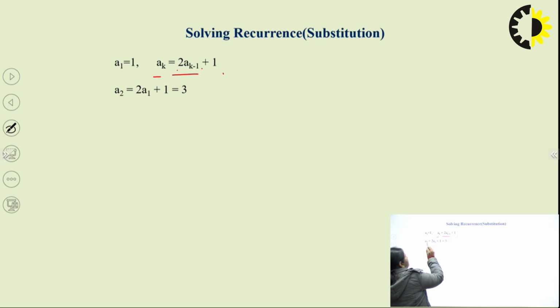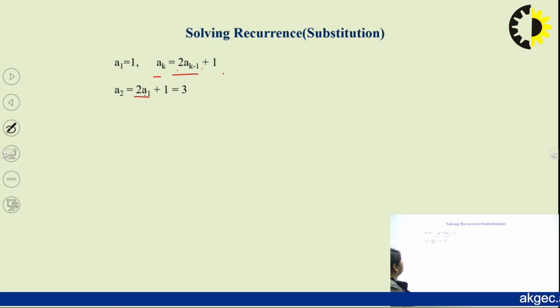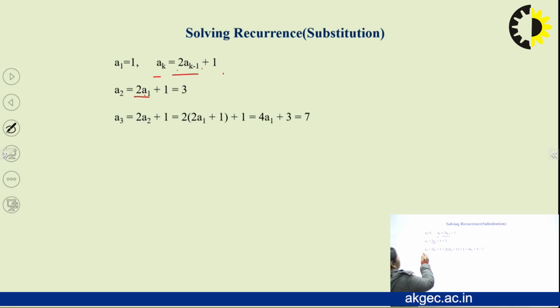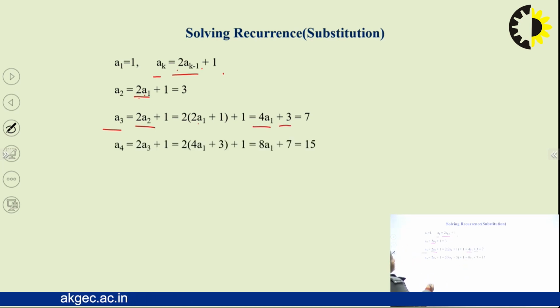What is my substituted value? 2A1 plus 1. Now, if we substitute the value of A1, we get 2 into 1 plus 1, that is 3. For A3, we are substituting 2A2 plus 1. What is A2? A2 is 2A1 plus 1. So, what we are getting here is 4A1 plus 3. What are we getting for A4?